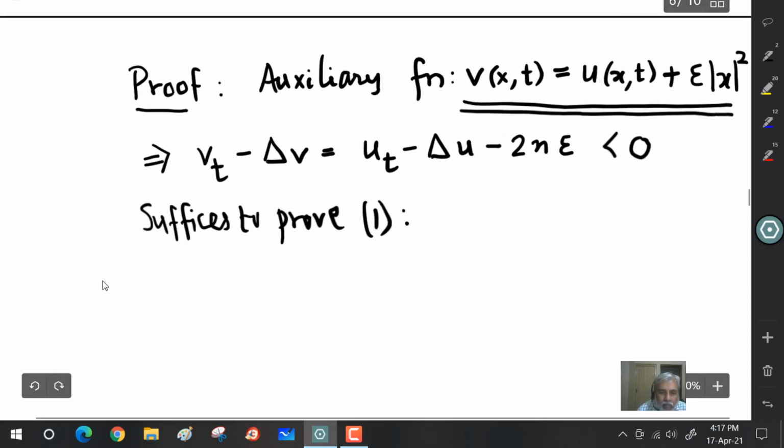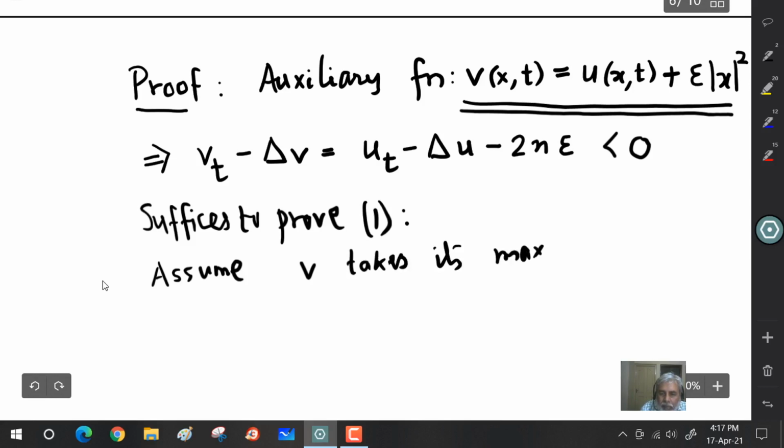Now assume v takes its maximum at x0 t0, where x0 is in omega and t0 is in the interior.